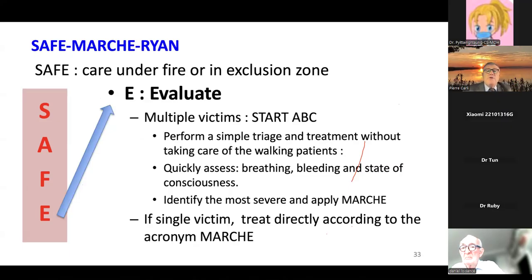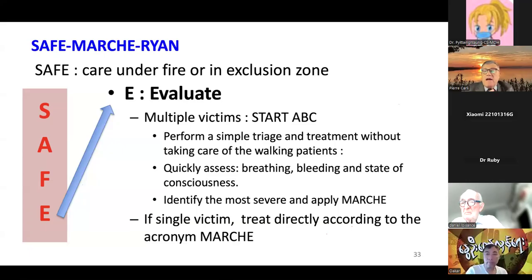The next point is very important, and this one is to evaluate victims on scene quickly. There is an extremely simple way to triage victims quickly without medical means. It's what we perform on scene with groups of patients.